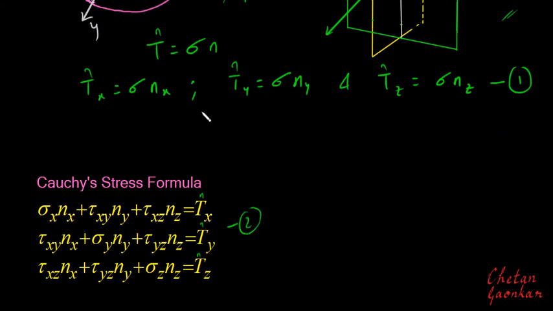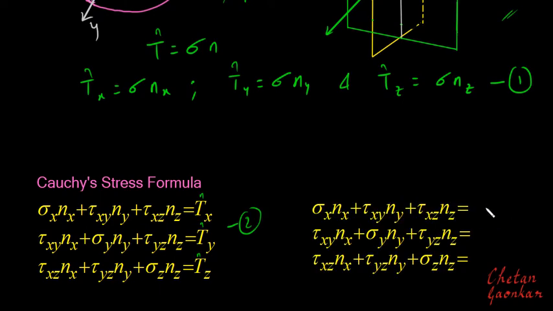Then from equation 1, whatever we have got for Tnx, Tny, Tnz can be substituted here. In place of Tnx, I can write sigma nx for these special planes, and this I can write as sigma ny, and this as sigma nz.